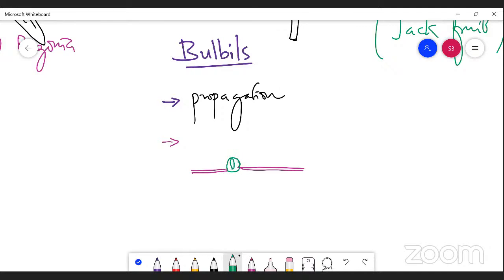That is called bulbils. The bulbil arises from the stem portion, but the bulbil detaches from the stem, falls on the ground and germinates into a new plant.